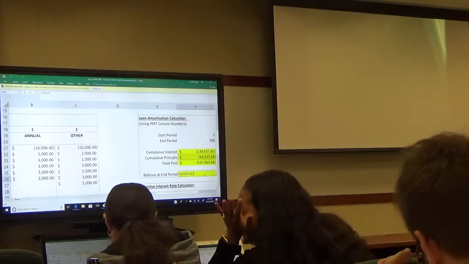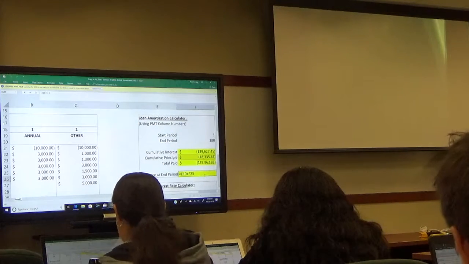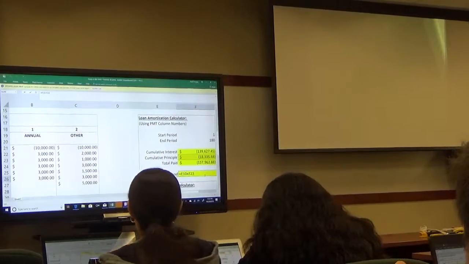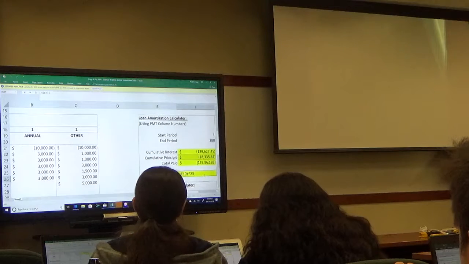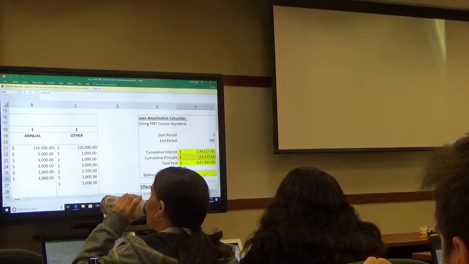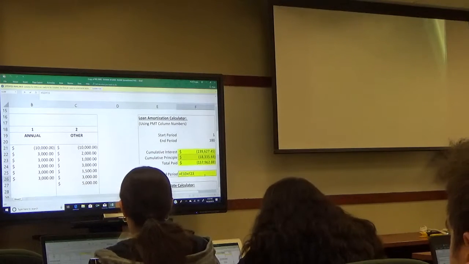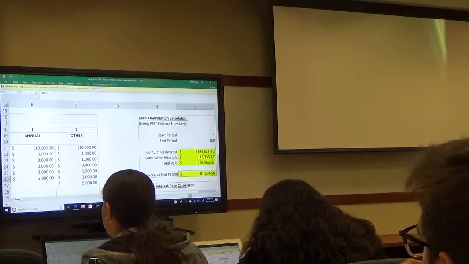Okay, so once again, you're going to take the 100,000 loan amount, which is cell E10, and add it to cell F23, because F23 is a negative number. In order to subtract it, you've got to add it. Okay?